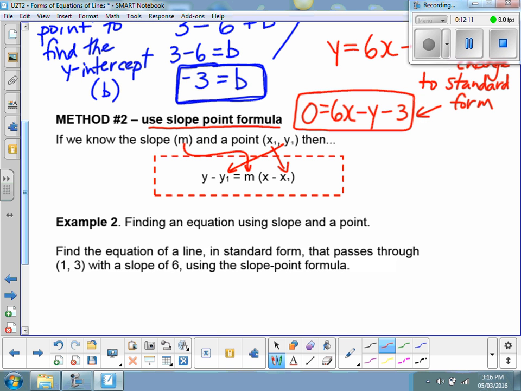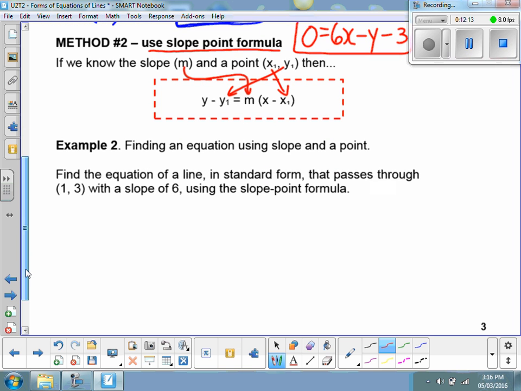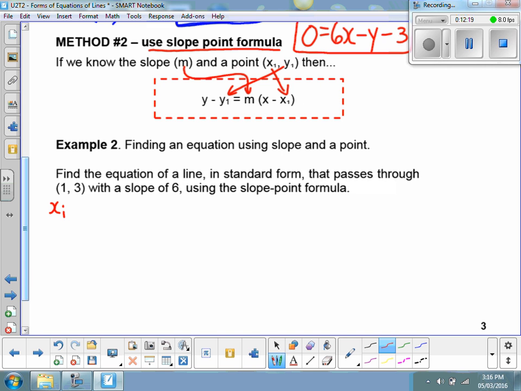Okay, so we're going to do that same thing for the same question we had up above. If I'm going to use that formula, my x1 and my y1 are these two values here from the point, and my m is the 6.